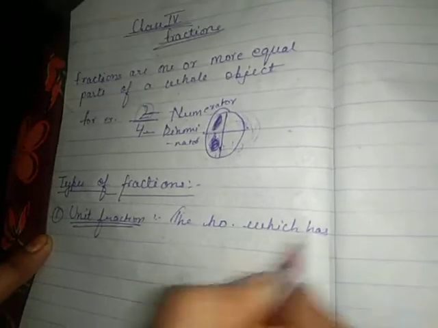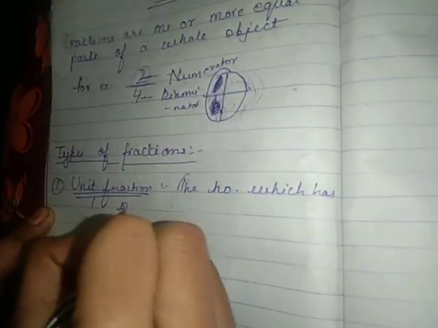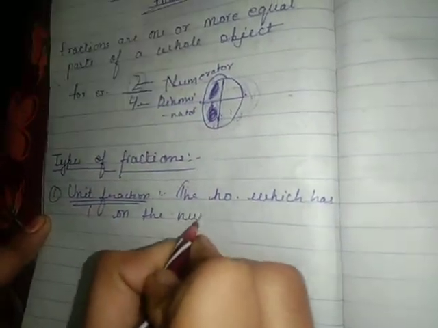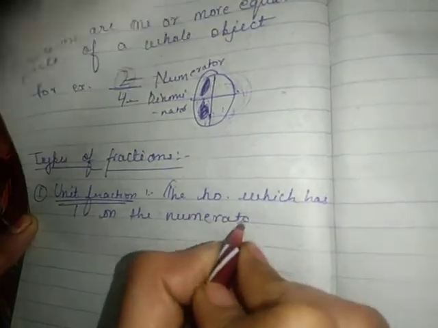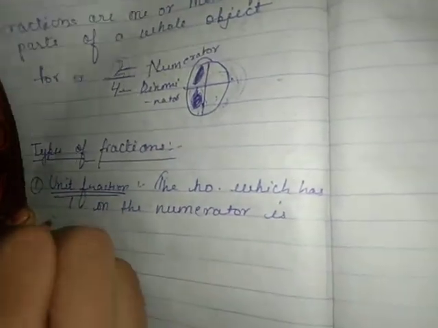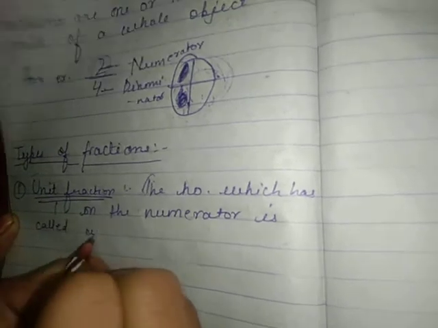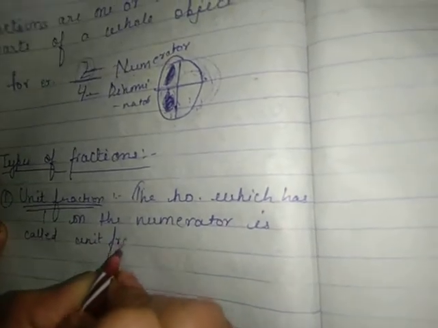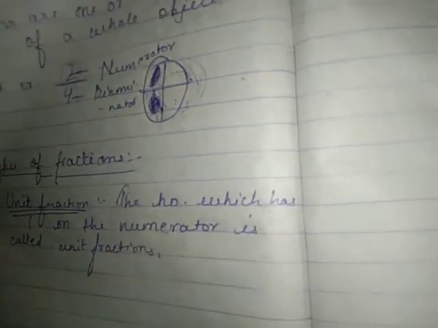I will tell you. The number which has 1 on the numerator is called a unit fraction.